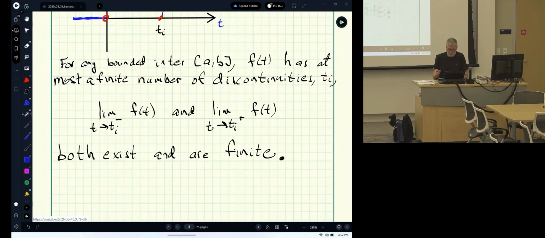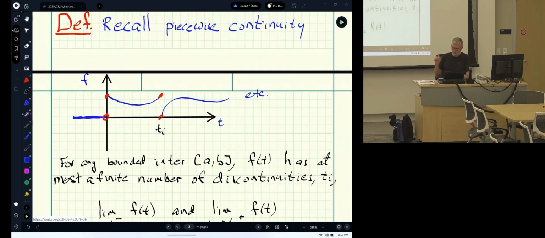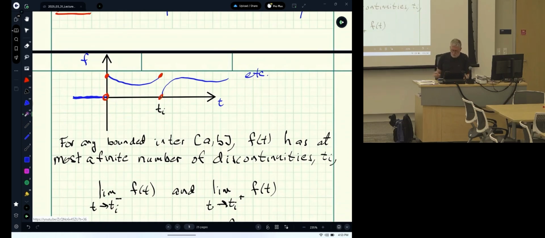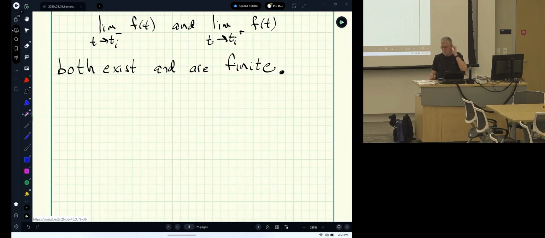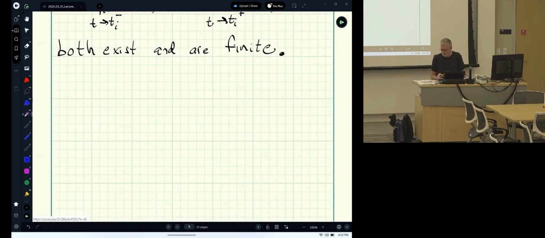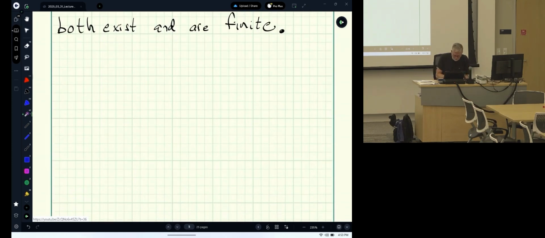And so this definition of piecewise continuity makes sure that all piecewise continuous functions are Riemann integrable. So that's the only technical thing we're just recalling. It's so that the Riemann integral exists. Okay, and then examples.